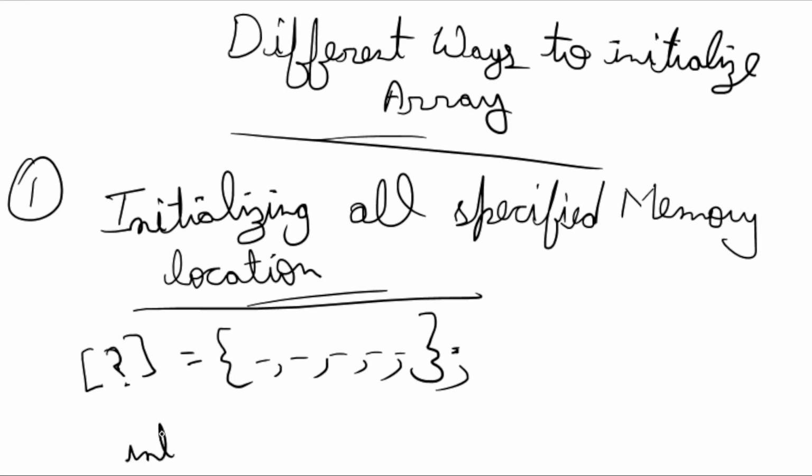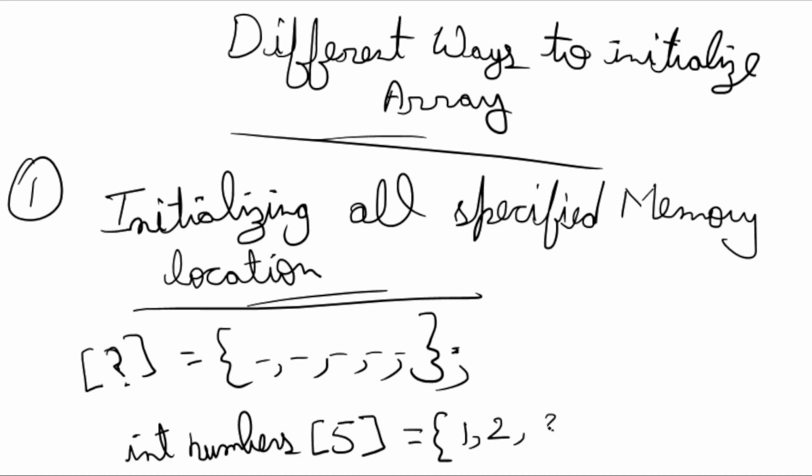I'm taking data type as int, variable name as numbers, giving it size 5, and initializing elements individually like 1, 2, 3, 4 and 5, and you can go on. So this is the process of initializing all specified memory locations.